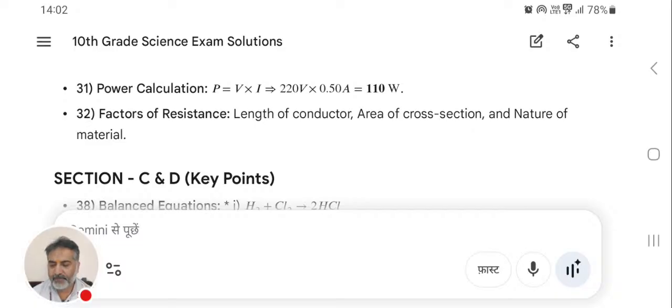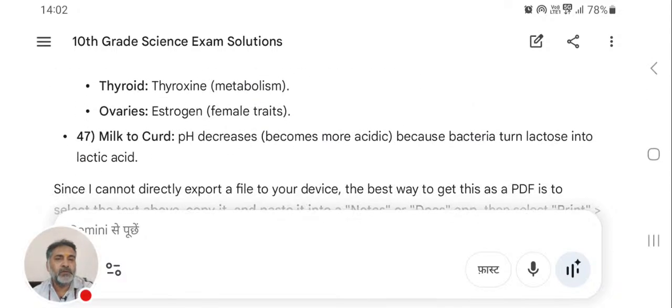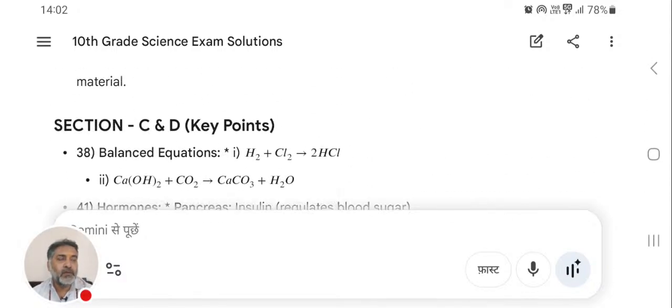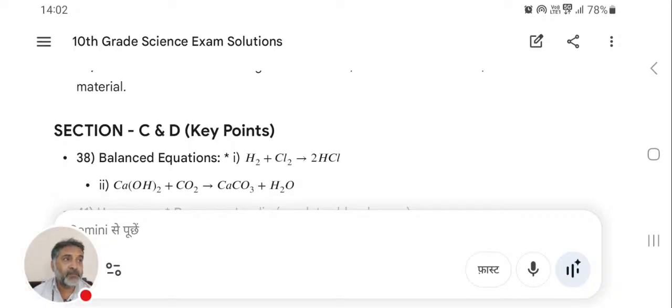Question number 35. What are trophic levels? Give an example of a food chain, state the different trophic levels. In the ecosystem, biotic components depend on each other.